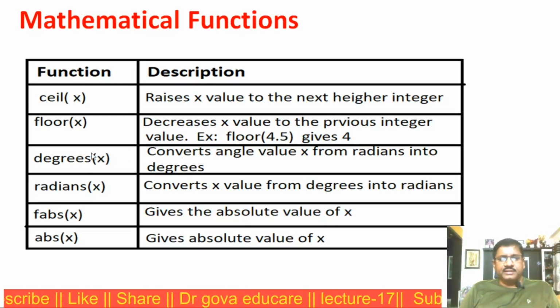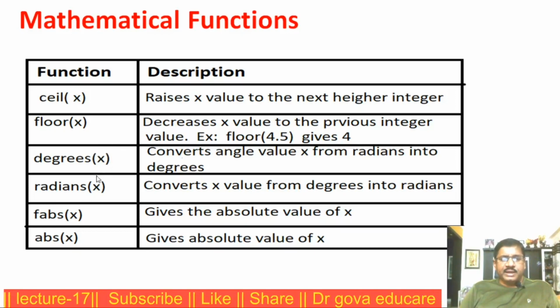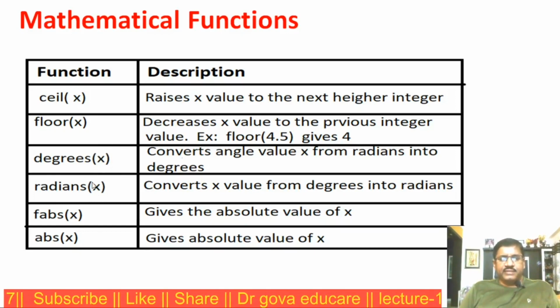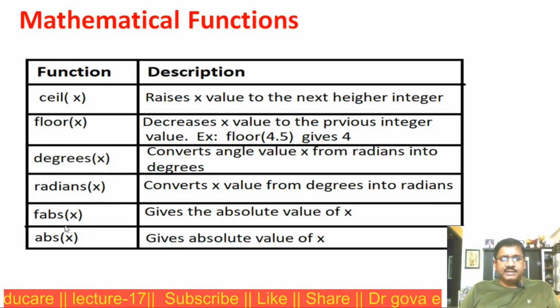Degrees of x. This function converts angle values from radians to degrees. Radians of x. This function converts x value from degrees into radians. Next, fabs of x.